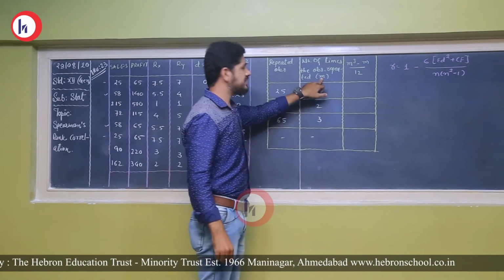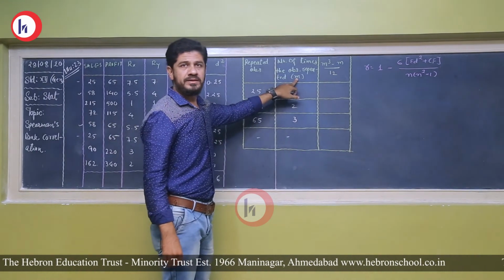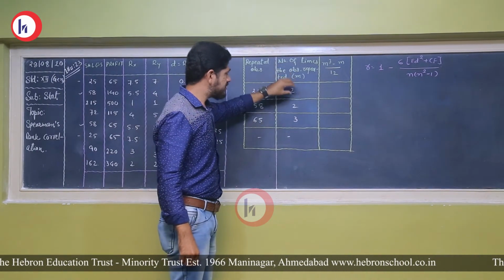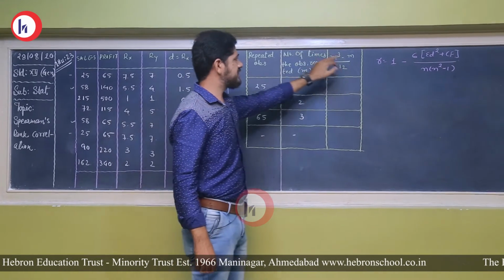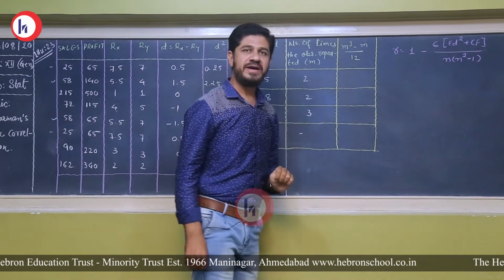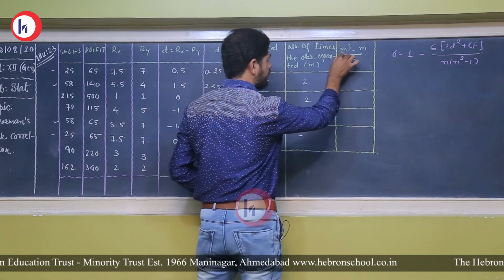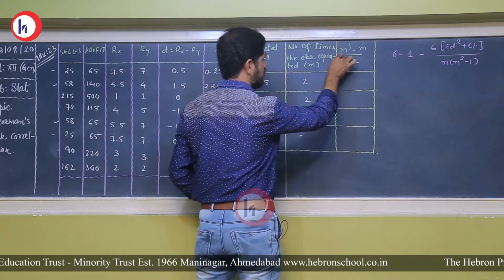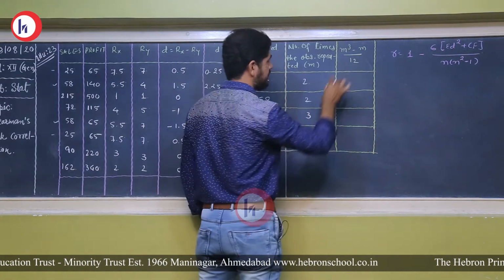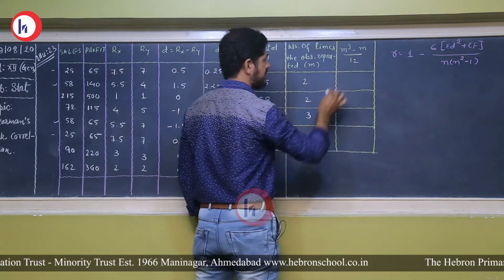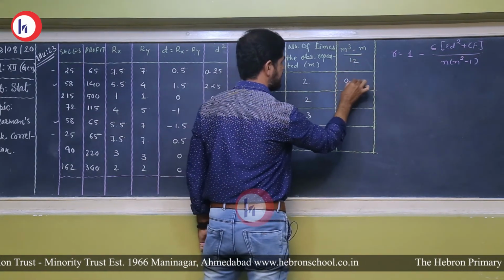It is denoted as m. Let's use this value in the next formula. The formula is m cube minus m upon 12. So when we took 2 instead of m, so 2 cube, that is 8, minus 2, 6, divided by 12, it is 0.5.